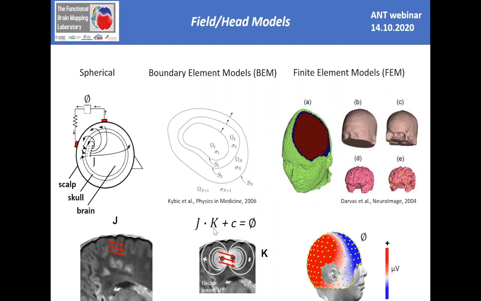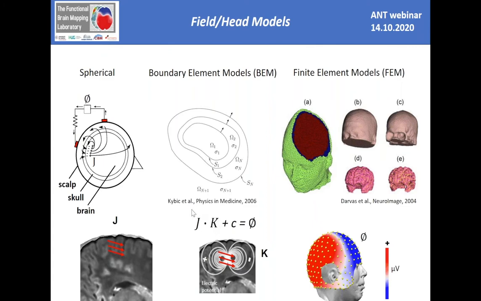So that's a matrix that transforms the sources to the scalp recordings, right? That is also the nice thing, that you can have a linear equation describing the relation between the sources and the scalp recordings. So this K matrix is of the dimension number of sources times the number of channels, right?